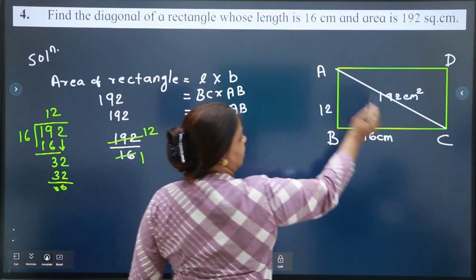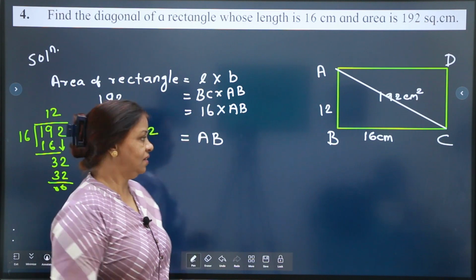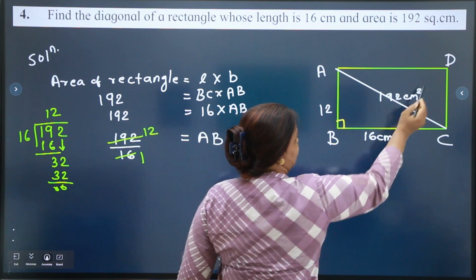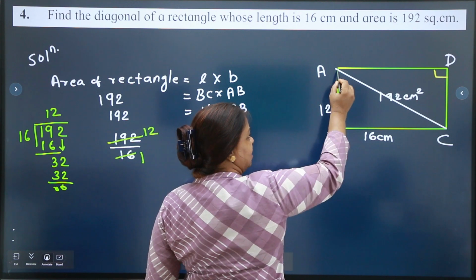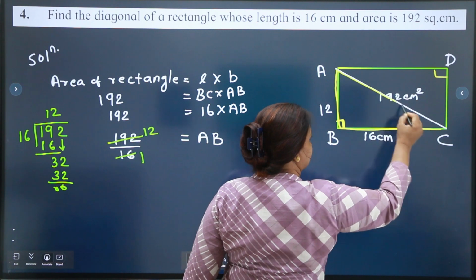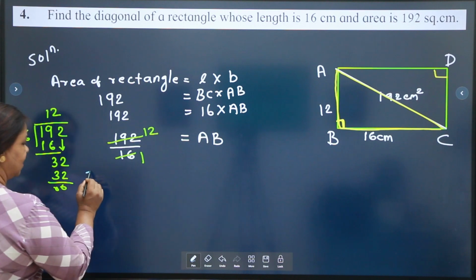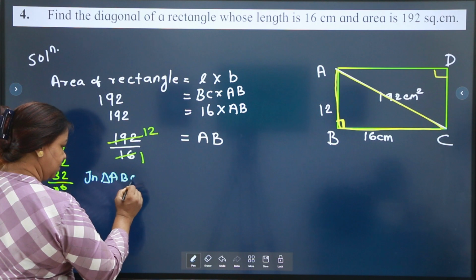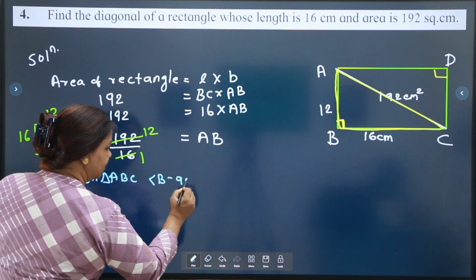We need to find out the diagonal, and children, we know each angle of a rectangle is 90 degrees. So we can say that this angle is 90 degrees, this angle is also 90 degrees. Just see in this triangle. Okay, so we can write here in triangle ABC, angle B is equal to 90 degrees.